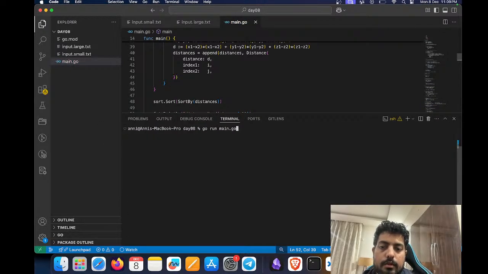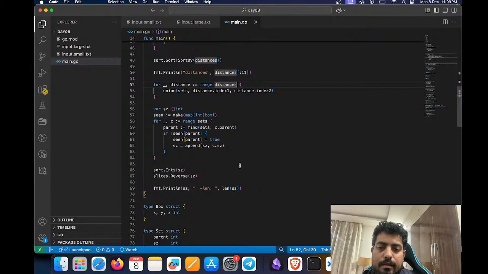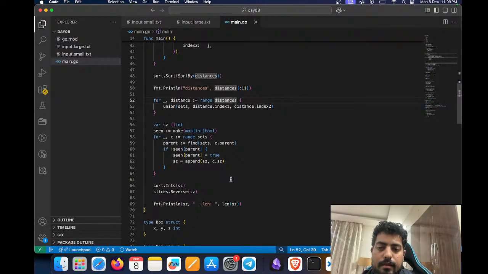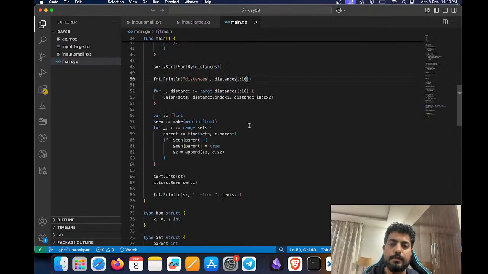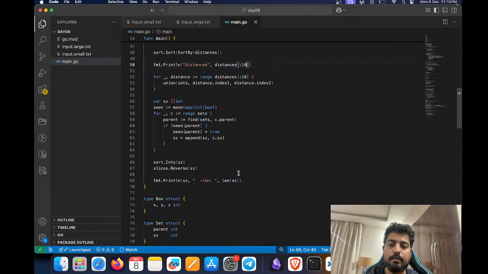What if we do it all the way? Okay, if we keep doing it, then we have only this thing. Okay, I know the issue. So everything is correct. We should do it 10 number of times. We have to do it like 10 times.